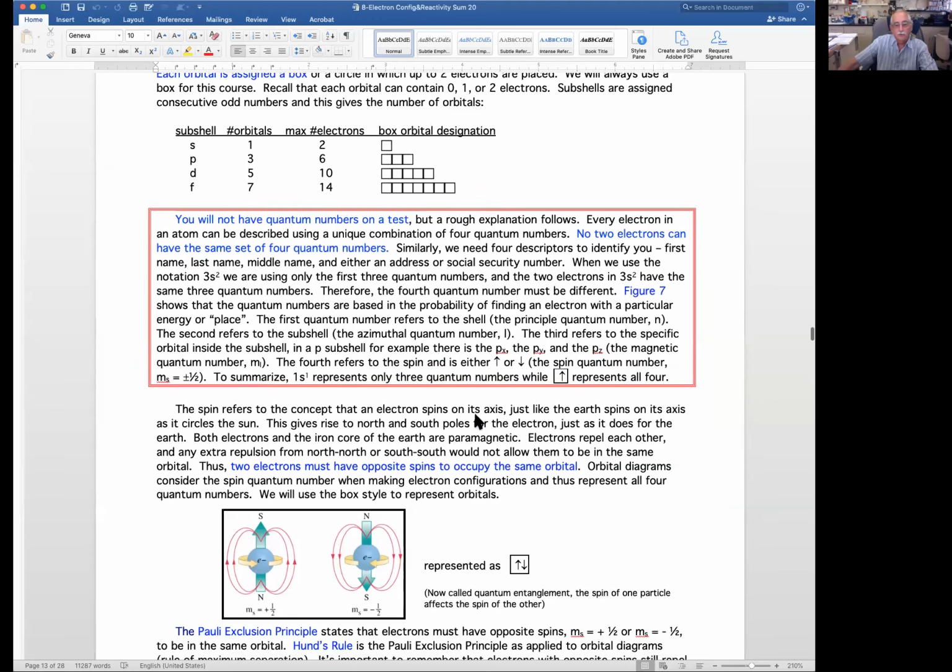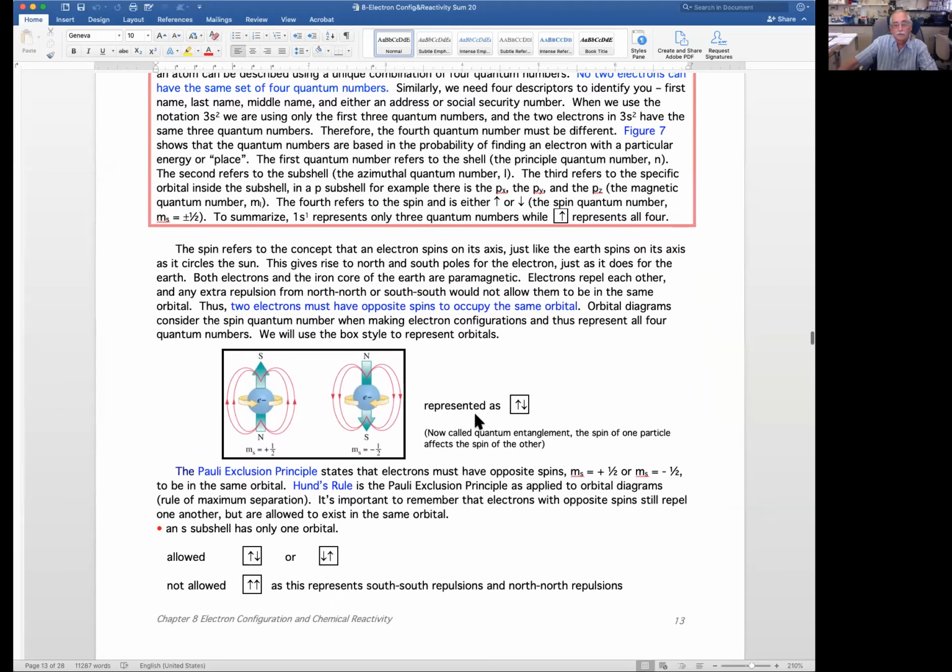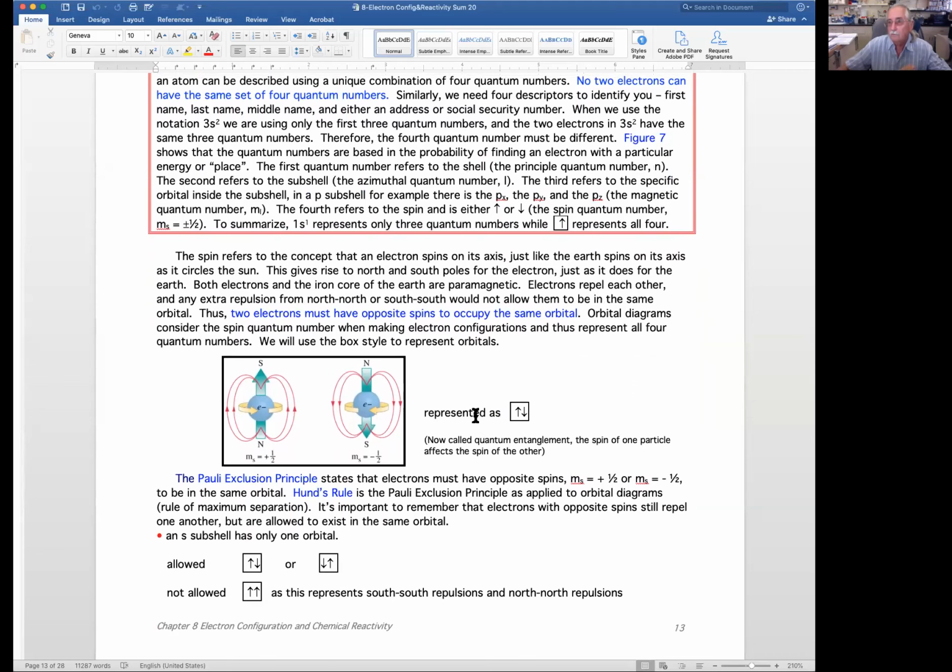What the heck is the 4th quantum number and why do we need it? Say your name is Joe. That's 1 descriptor for you. That would probably be several million Joes on planet Earth. So we say, okay, let's give him another descriptor.